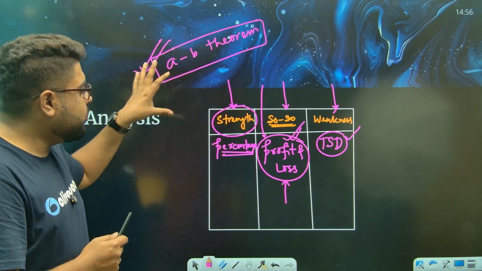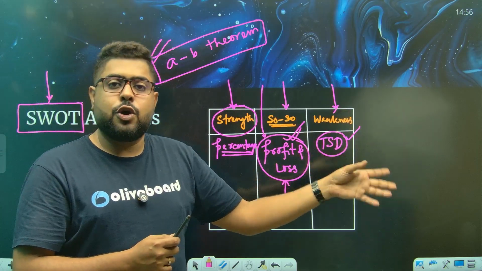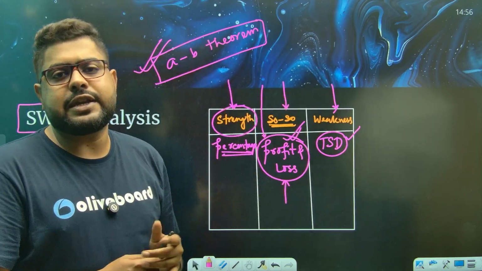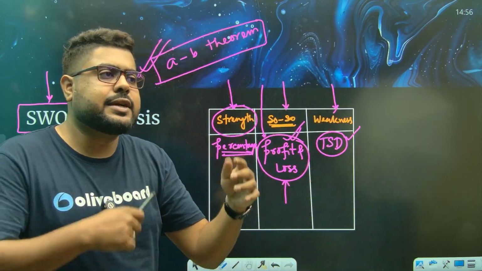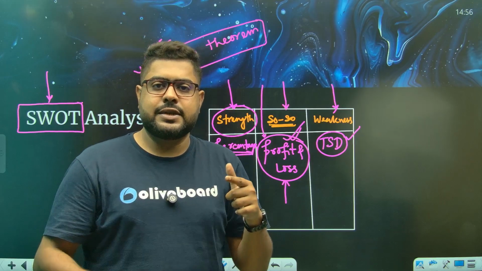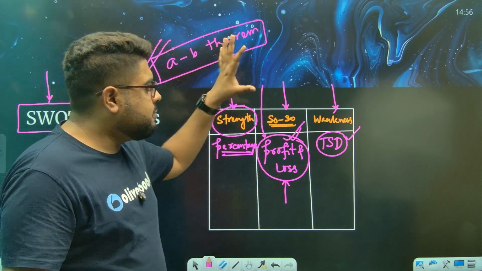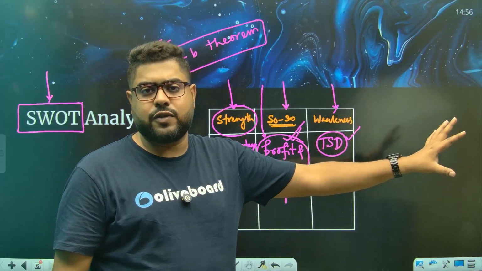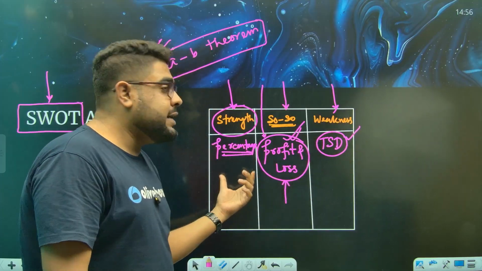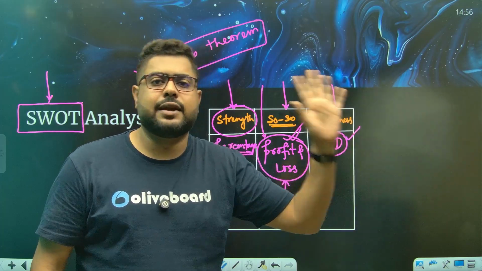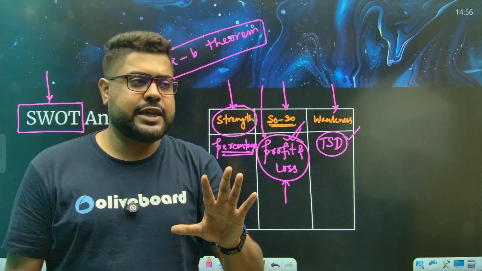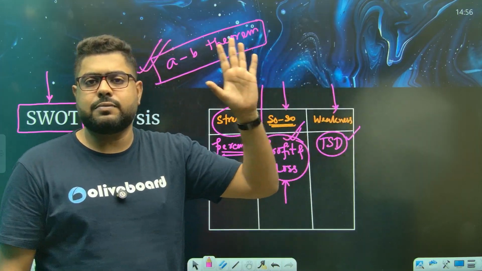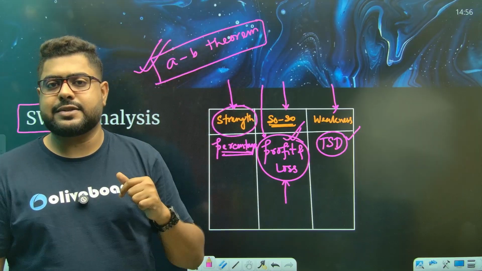Whether I'm asking you a question from percentage or from a difficult, complicated chapter like compound interest, you should have 100% clarity of thought, conceptually and calculation-wise. That is what you should achieve at the end of the foundation batch when you start practicing.